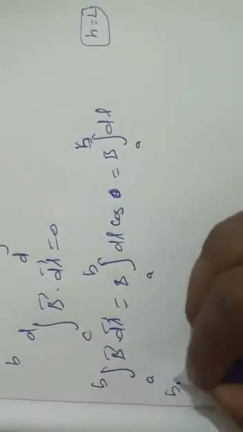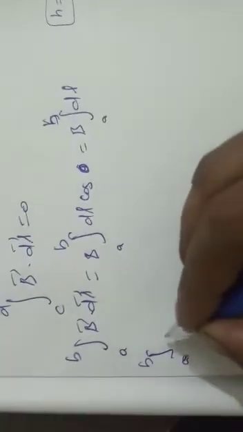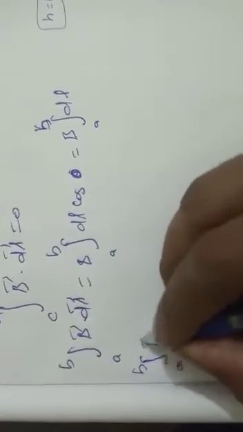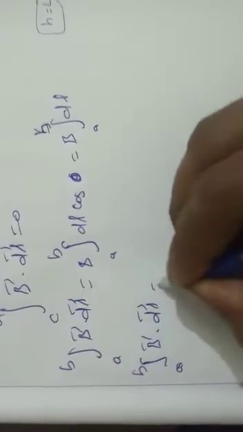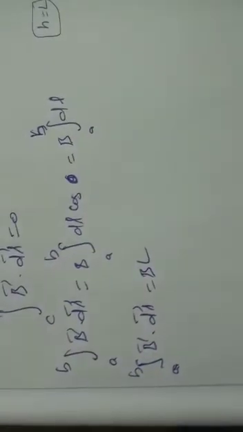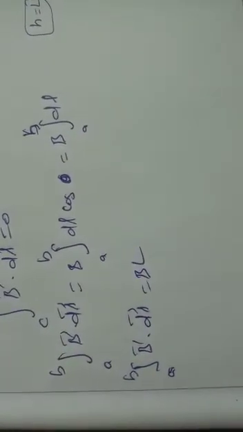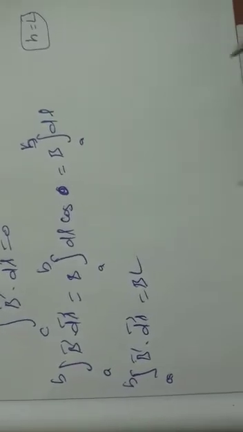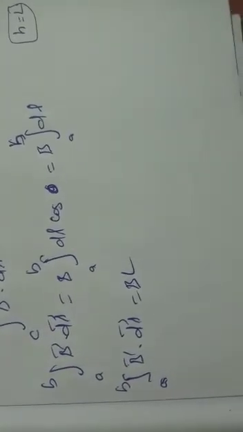Therefore the integral from A to B of B vector dot dl vector will be equal to B times L. Here N is the number of turns and I is the current passing through the solenoid.